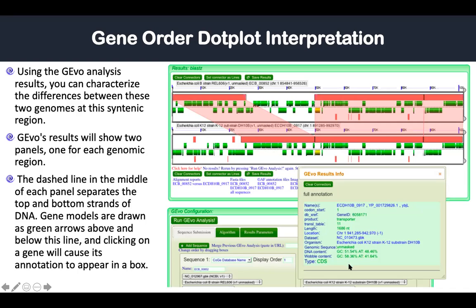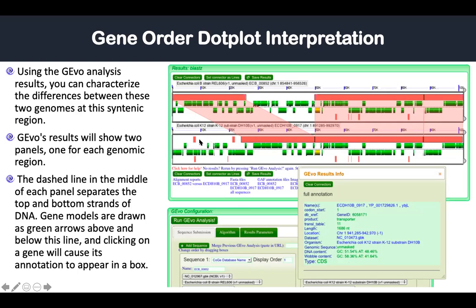This information is given when you just run your cursor over the gene, right? After the separating line, you see again green blocks. These are genes present in the reverse strand of the REL606 strain.